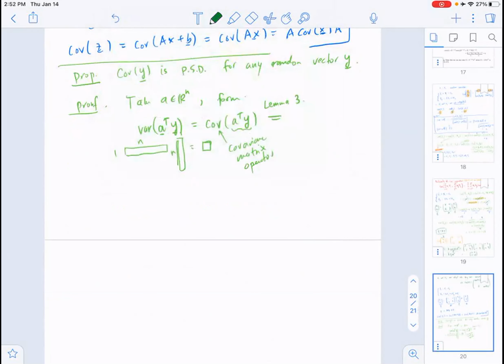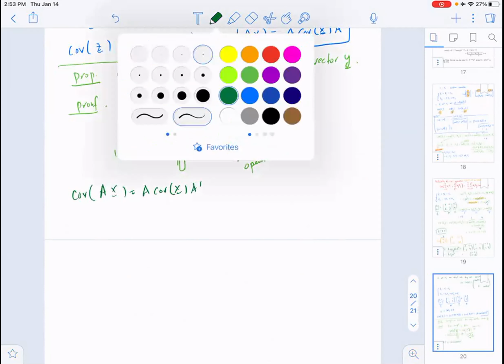So let's say covariance. Remember, this is the covariance of AX, right? This is A covariance of X, A transpose. I want to use this to compute this guy. Can you help with that? Yeah, should we just treat A transpose as an A in this case? Right, take it outside.